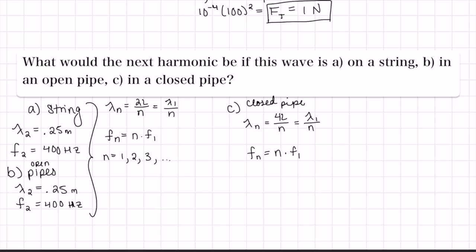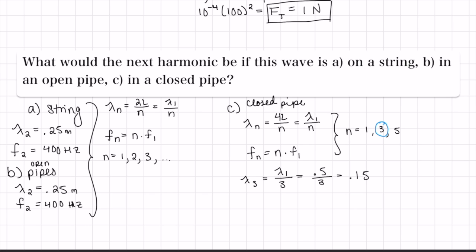But now for this one, we have n can only be odd. So our second harmonic is actually going to be for n equals 3. So we are calculating lambda 3, which would be lambda 1 over 3, 0.5 over 3 would be 0.167.